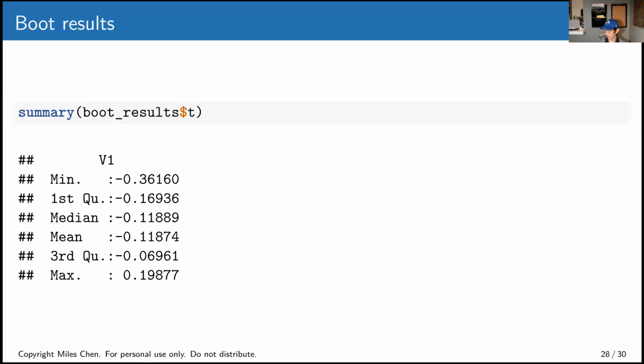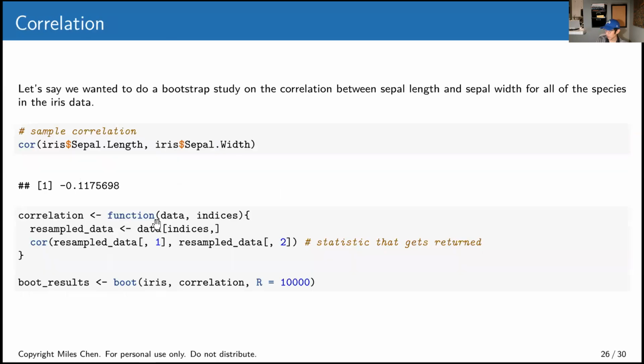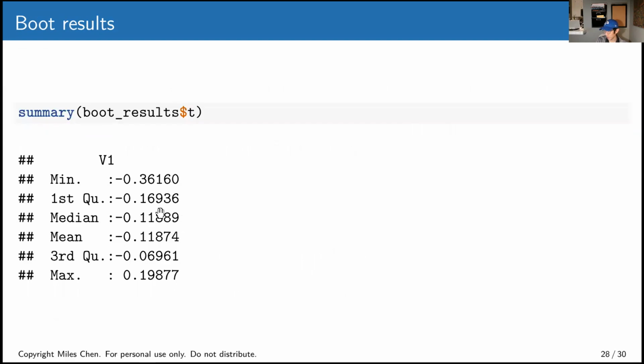Here's what I get, and most of the time I get a correlation centered right around our sample value, which makes sense because we're using the full data set here. In the full data set, I have a correlation of negative 0.117, and whenever I resample, I'm getting correlation right around there.